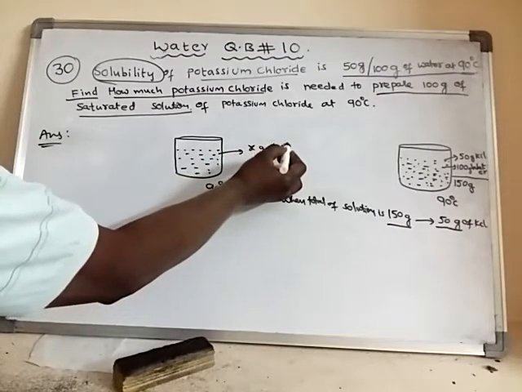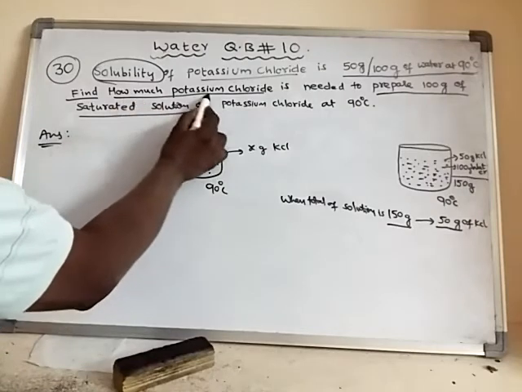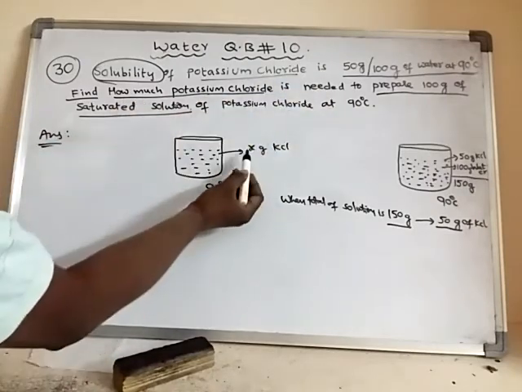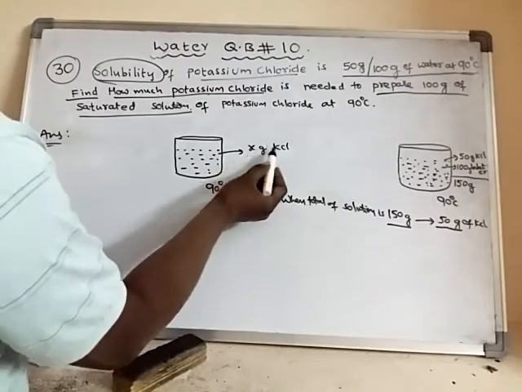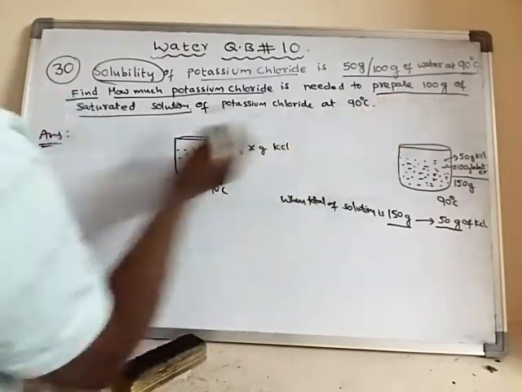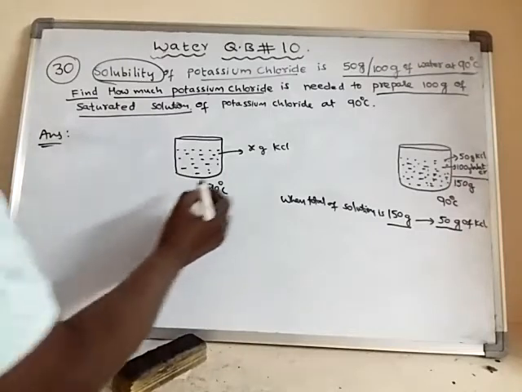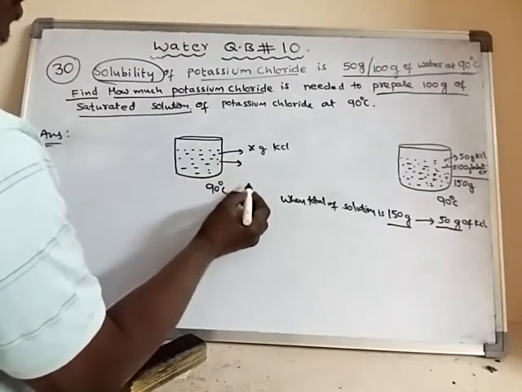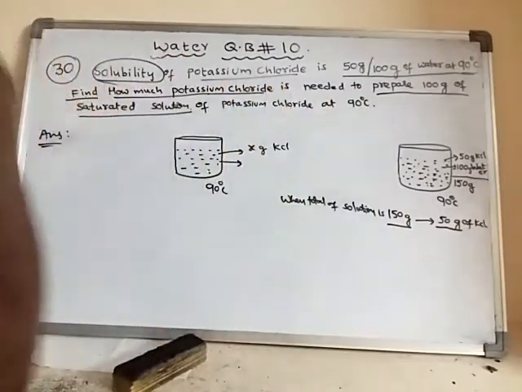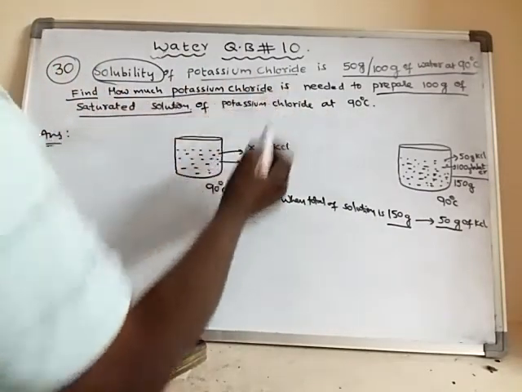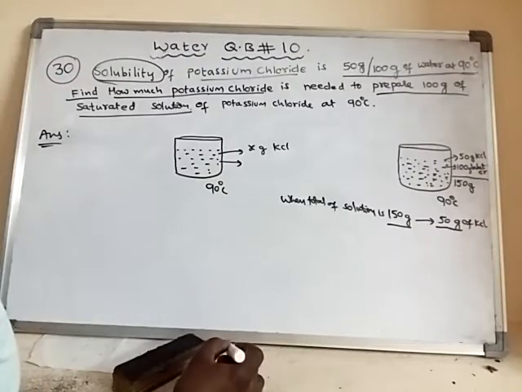We don't know how much potassium chloride is needed, so let us assume the weight is X. So how much potassium chloride is needed to prepare 100 grams of saturated solution?